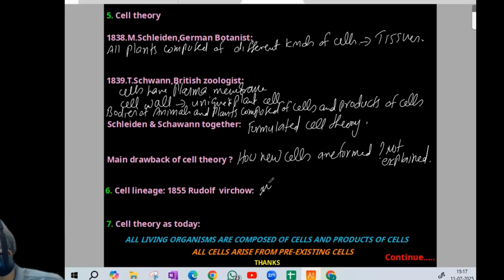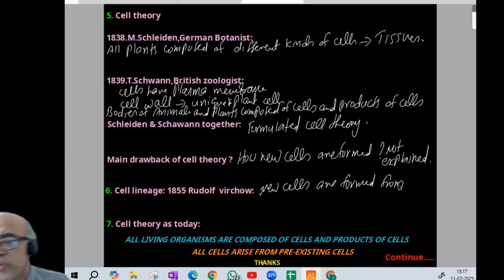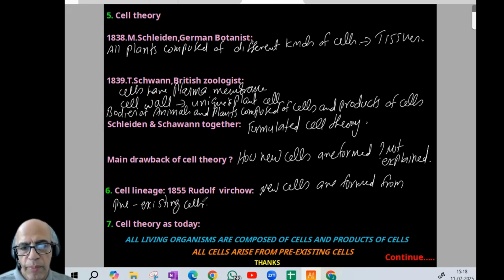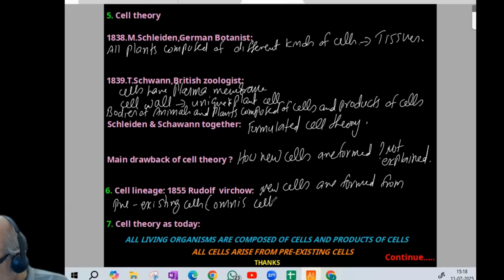New cells are formed from pre-existing cells. There is a famous term for it, a usual question: Omnis cellula e cellula.